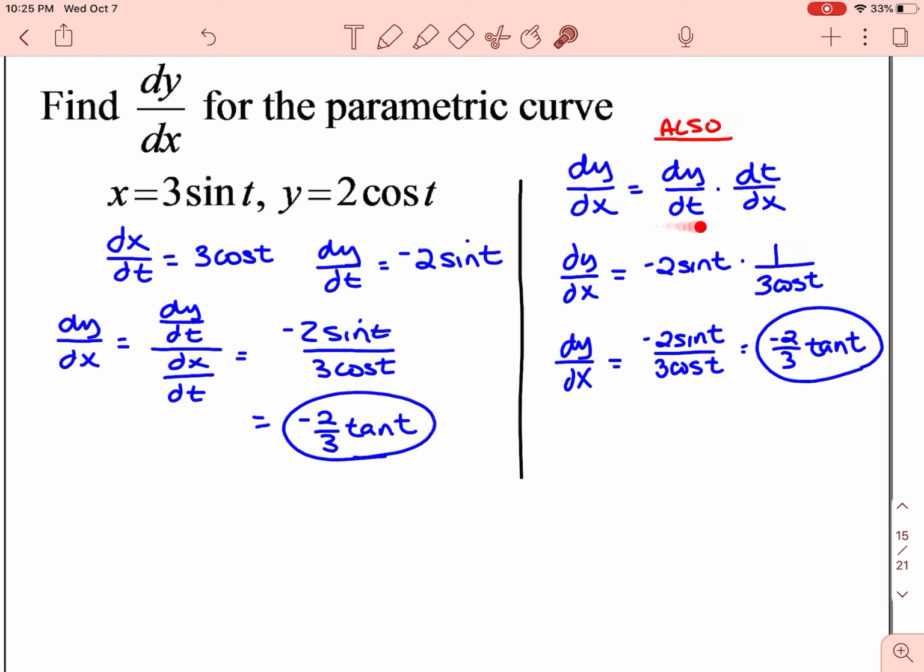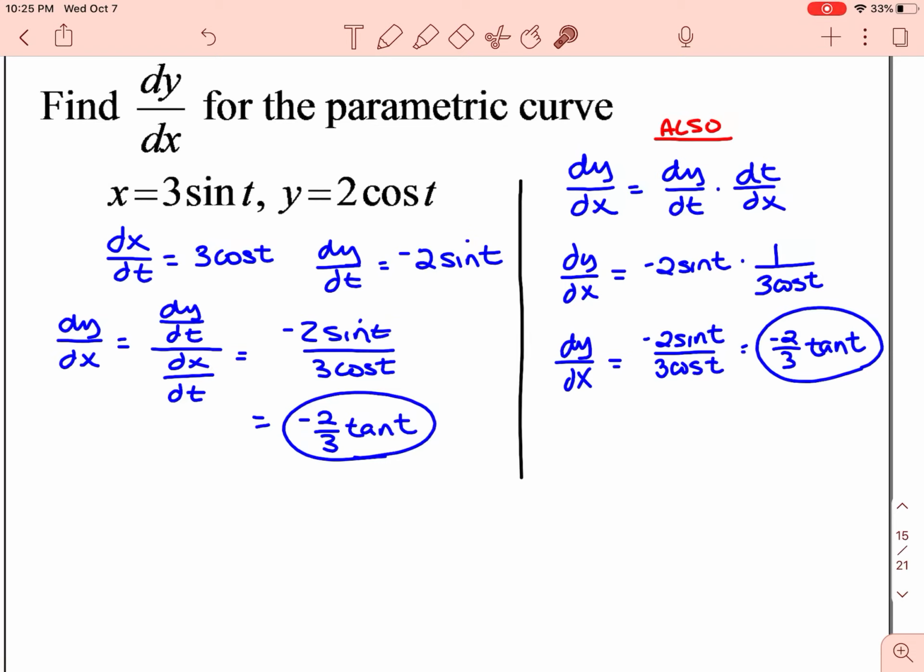Also, we can use Leibniz notation. Works out very nicely here. dy/dx equals dy/dt times dt/dx. dy/dx is equal to dy/dt, which is negative 2 sine of t. And then we have it flipped, dt over dx, because now we're not dividing.